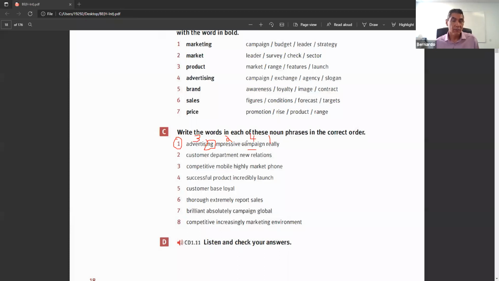So it can be an impressive campaign. In this case, we have the main noun, the head noun, which is campaign, but we're starting it off in the same pattern still. It's starting with an adverb. In this noun phrase, there is no regular noun. We're just trying to describe the word campaign, the head noun, the main noun.